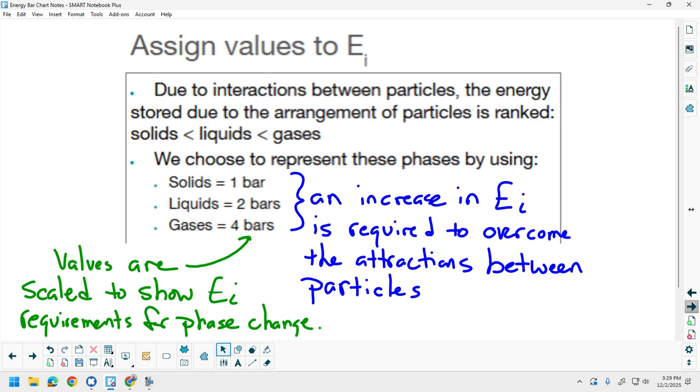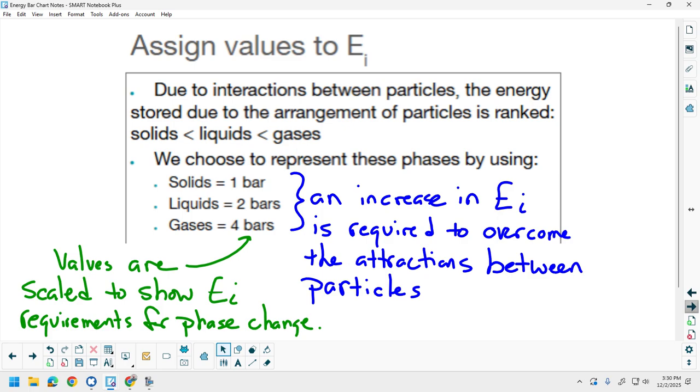So in doing the energy bar charts, the first thing that we can put bars in for is interaction energy. The amount of interaction energy that we have is going to be based on what state of matter we are looking at. Now, again, as we've been talking about, interaction energy is due to interactions between the particles.